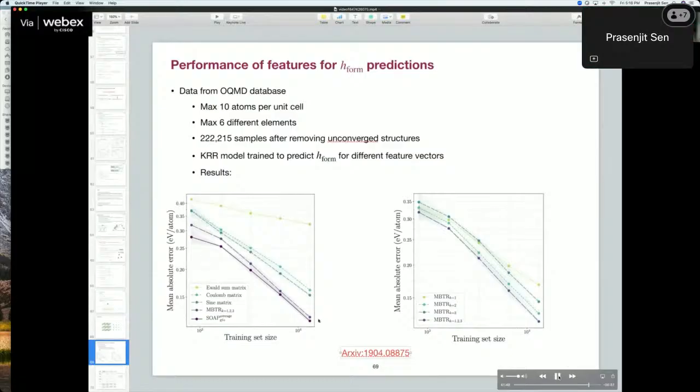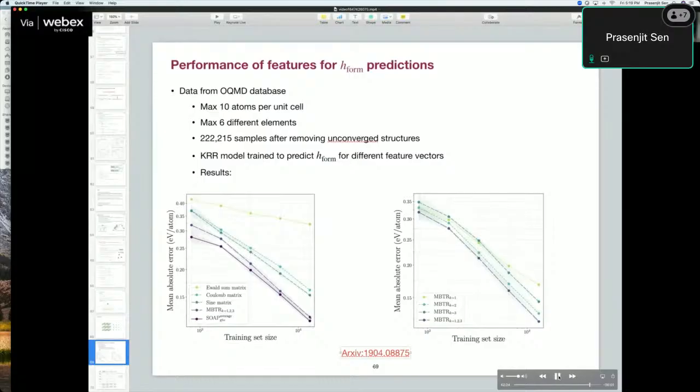So I will not worry about the training set size. That variation is kind of trivial, or I wouldn't say trivial, it's kind of expected. So we'll focus on these points at the extreme right on this plot, and different colors or different types of lines represent different features. And see, the best performance is obtained for SOAP, the smooth overlap of atomic positions with Gaussian type orbitals. Okay?